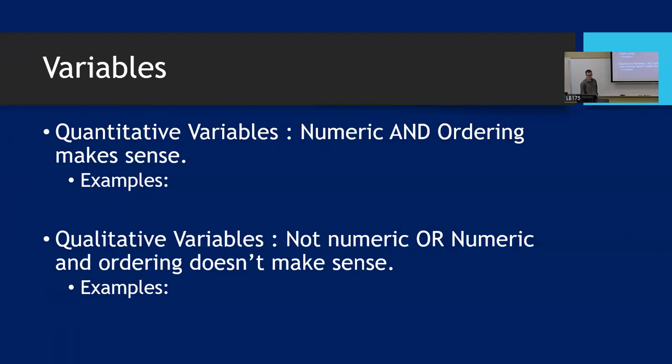Hair color would be qualitative. Even if I assign it values, the ordering of those values don't make sense, or are assigned at random. That makes sense.